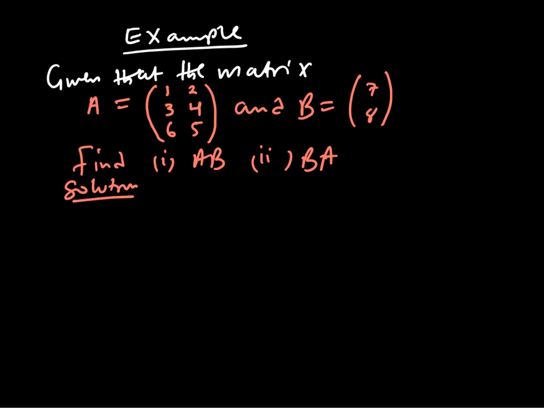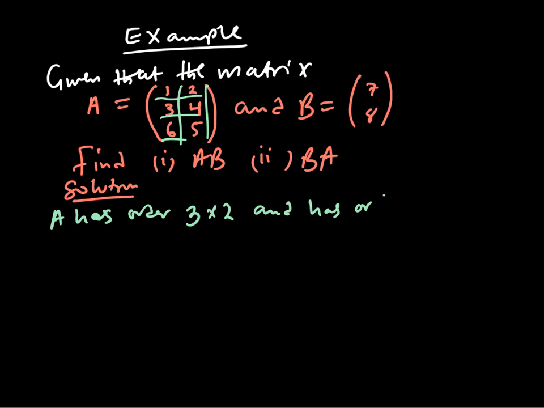we say that A has order. Look at A: we have how many rows? 1, 2, 3. So those are 3 rows. And how many columns? 1 and 2. Those are 2 columns. And B has order.